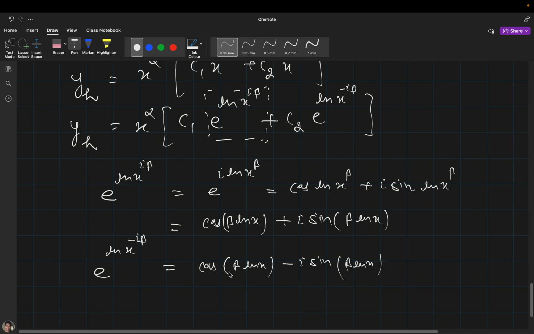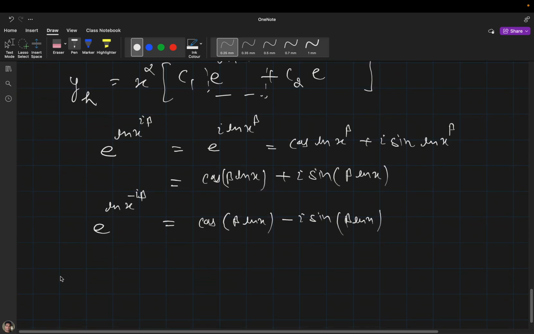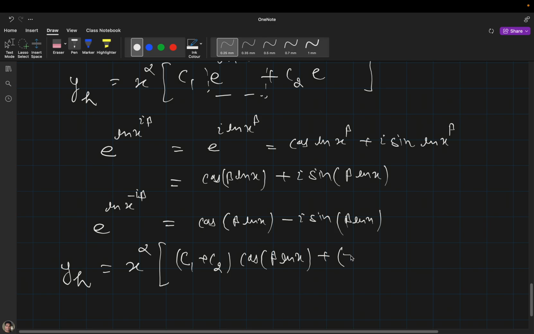Now substitute that, and you will get the homogeneous part: x raised to the power alpha, times (C1 plus C2) cos(β ln x) plus (iC1 minus iC2) sin(β ln x).